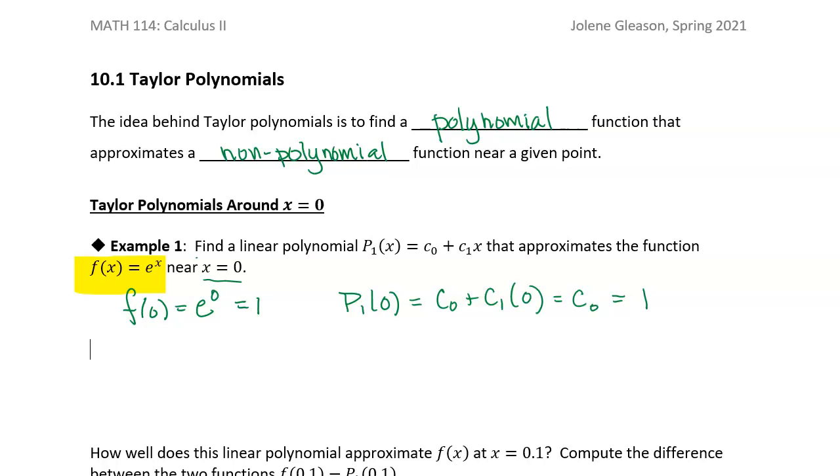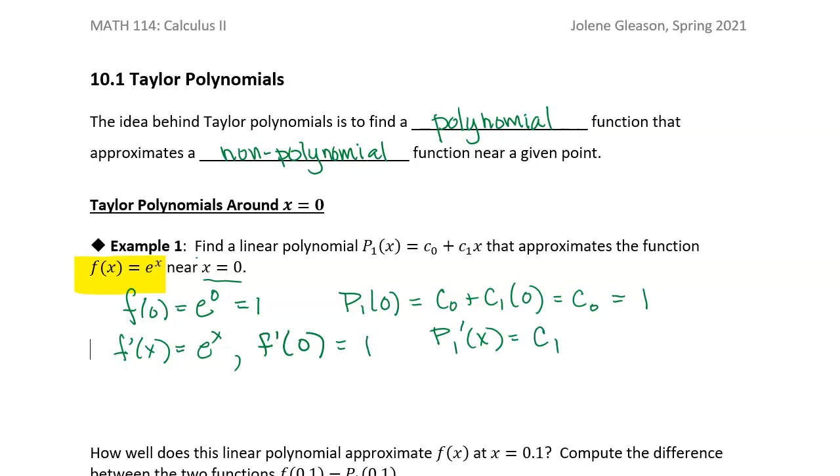The next thing we want to do is make sure that the derivatives match. Okay, so let's take the derivative of e to the x. What do we get? f prime of x is equal to e to the x, right? The derivative of e to the x is e to the x. So f prime at 0 is equal to e to the 0, which is 1 again. All right. Now, what's the derivative of this generic polynomial? p1 prime of x is equal to the derivative of the constant, which is 0, and then the derivative of c1 times x is just c1, right?